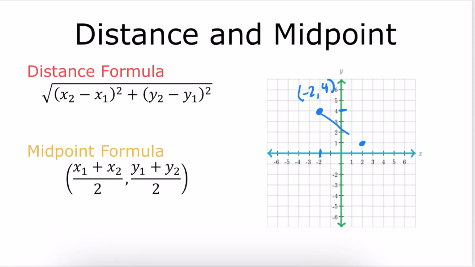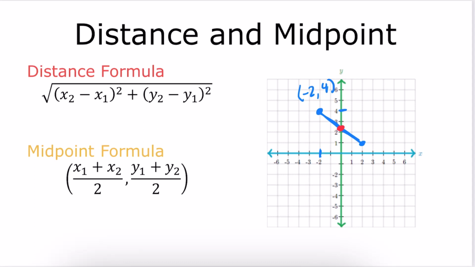So the distance formula will tell me how long this line is. And then the midpoint formula will tell me what point is exactly in the center. So it looks like it's going to be close to about 0 on the x-axis and maybe like 2.5 on the y-axis. But the midpoint formula will tell you exactly what it is.